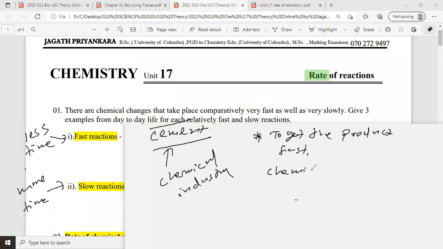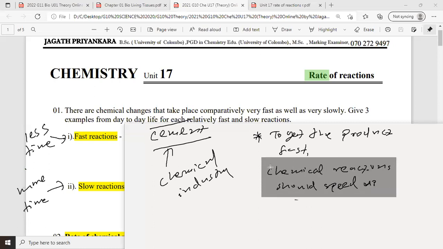Chemical reactions should speed up. Then we have to make changes, because the same reaction we can't change. It's the same reaction, but we have to speed it up.